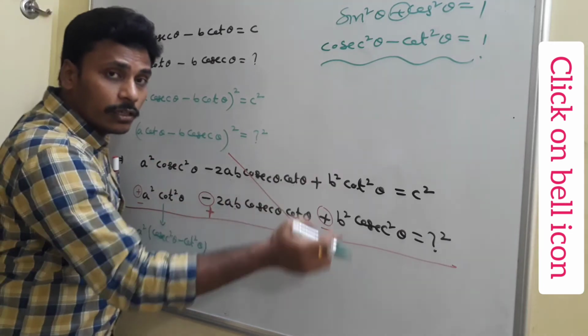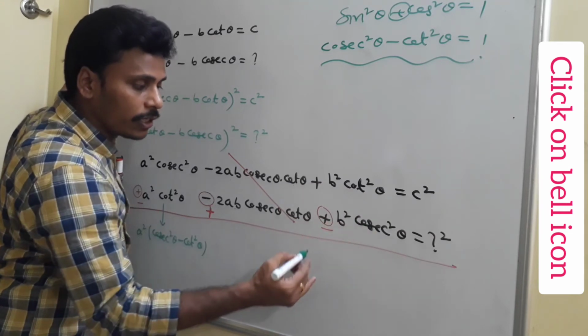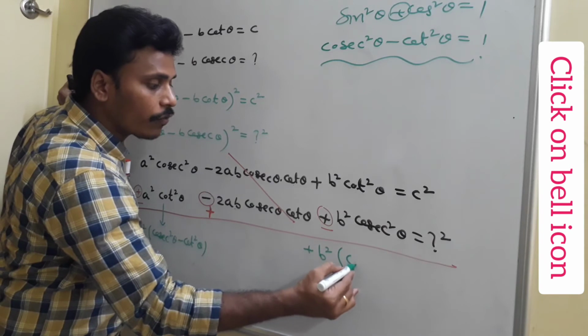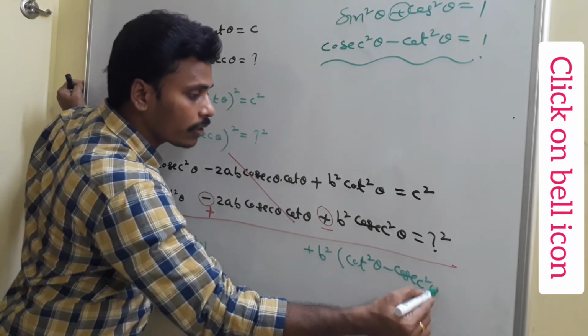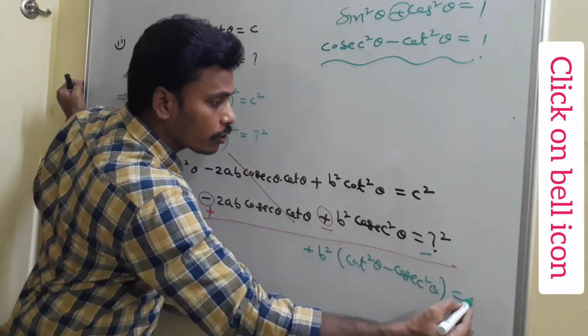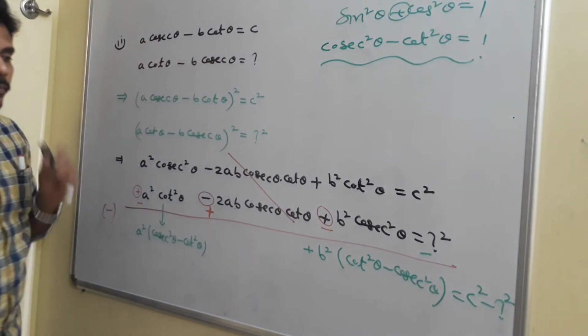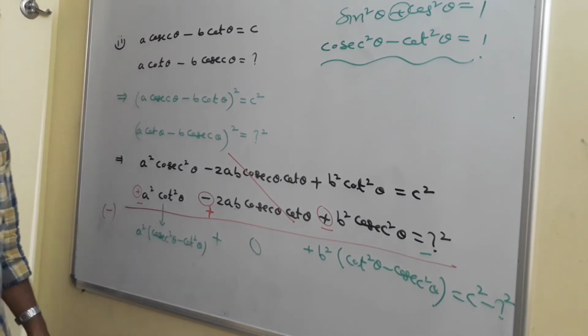Whereas if you look at the third one, b square cot square theta minus b square cosecant square theta, if you take b square common, we have cot square theta minus cosecant square theta. And on this side also we need to subtract: c square minus question mark square. Now look at this, this is 0 actually. There is no such term there.